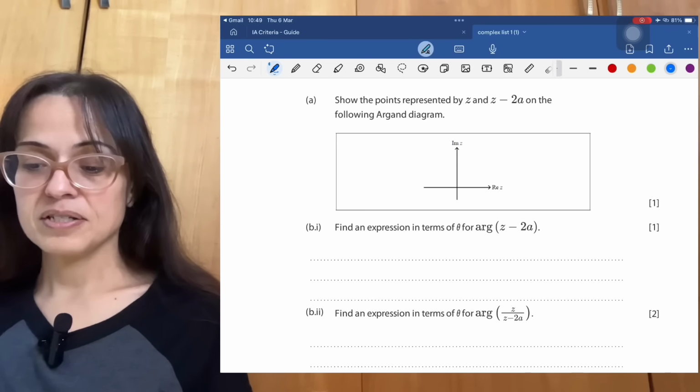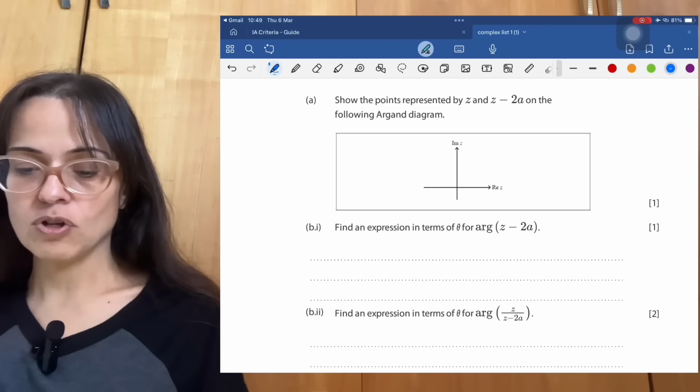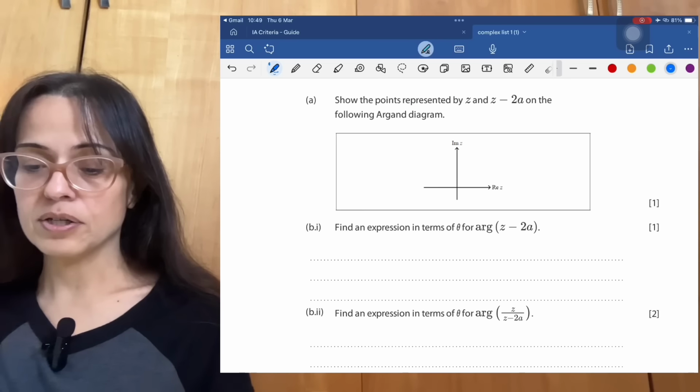Show the points represented by something and something in the following Argand diagram. So here's another word. Argand diagram is just the name that the coordinate plane receives when we're looking at it as the place where the complex numbers live. I should put that in my notation list as well. And that's funny, I hadn't ever realized that Argand also starts with the letters ARG.